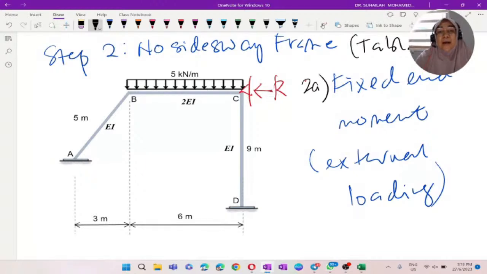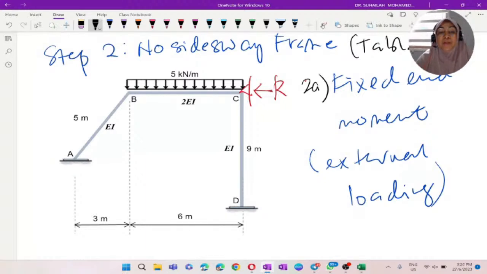For the no side sway frame, we remove the delta by putting an imaginary support at C, so that the frame will not side sway. Because of that, we can calculate FEM due to external loading only. Don't forget, we put the support at C so that the frame is changed to a properly restrained frame.